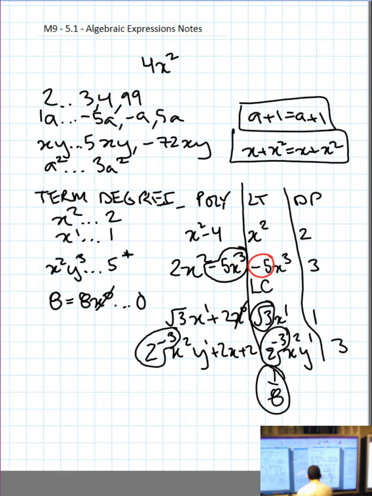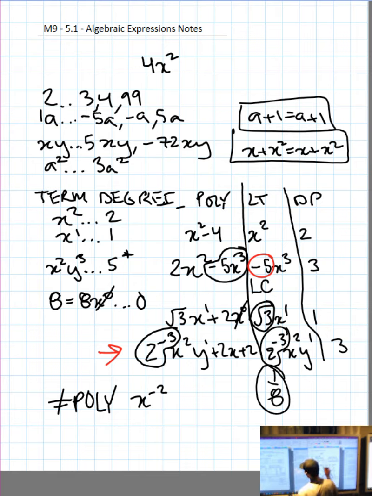Down to the bottom, things that are not polynomial. X to the negative 2. Notice the example that we just did right above, 2 to the negative 3 is a coefficient. It's not a variable. So it follows being a polynomial.